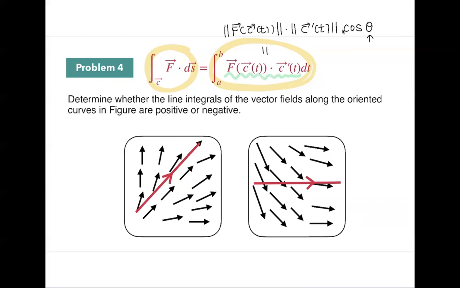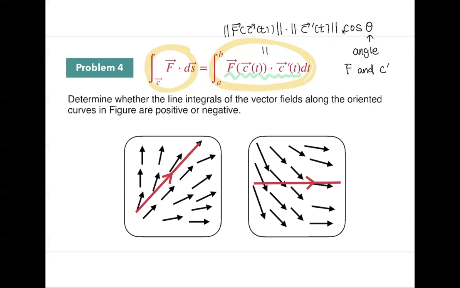And here theta is the angle between f and c prime. Okay, so at each point, the sign of this integrand depends on the angle, because these two are positive, but cosine can be negative, depending on the angle theta here.